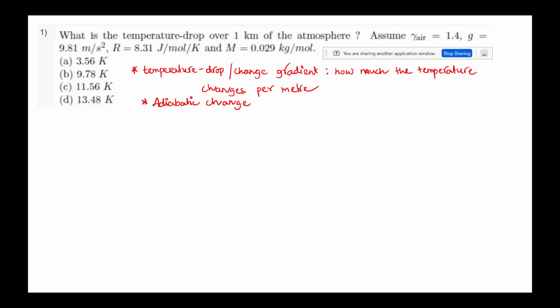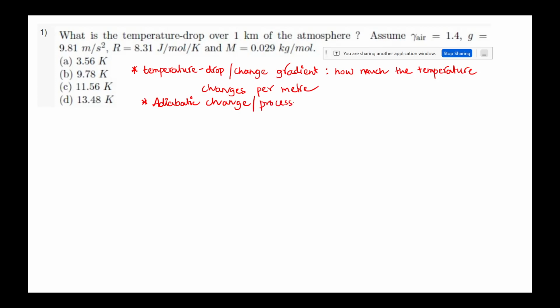Please follow, I am writing the basic concepts associated with this problem. If we know these things, then we will use all of these ingredients to solve the problem. This is an adiabatic process.